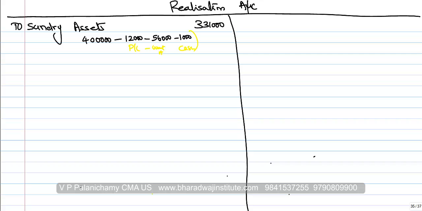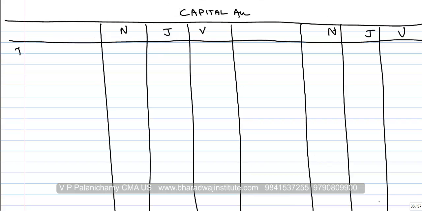Then P&L account will be transferred to what? Partners' capital account to P&L account, which ratio? 3:2:1. Come to capital account to P&L account 3:2:1. How much is it? 6,000, 4,000, 2,000.